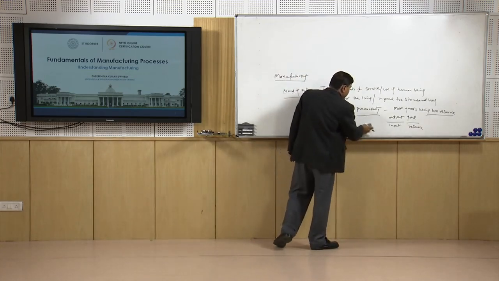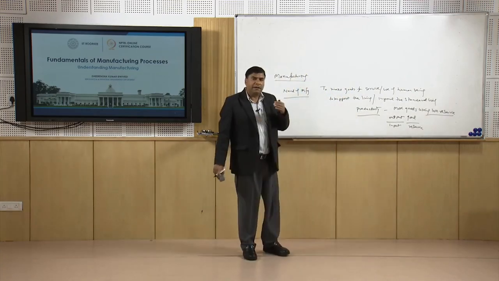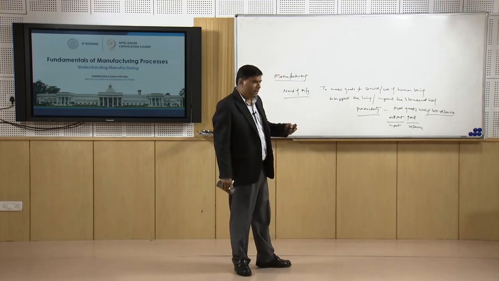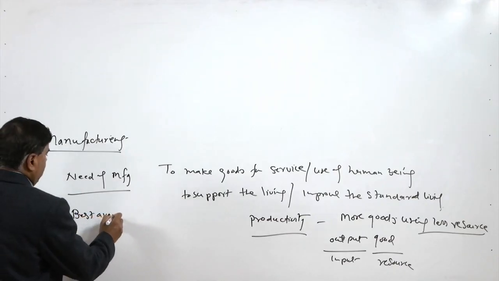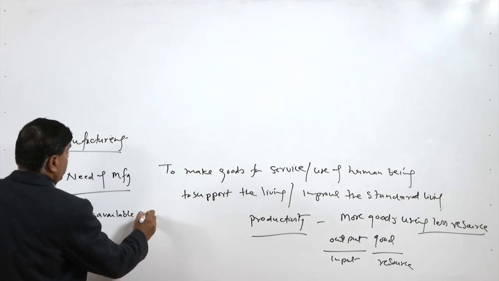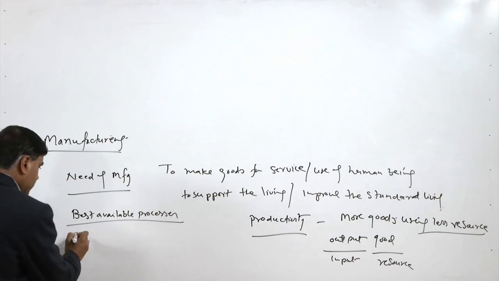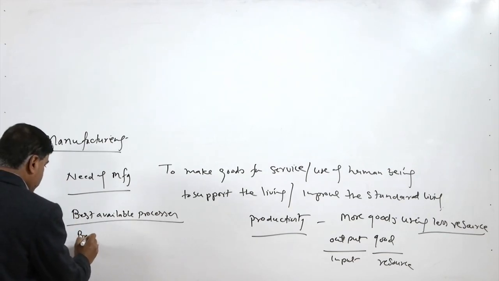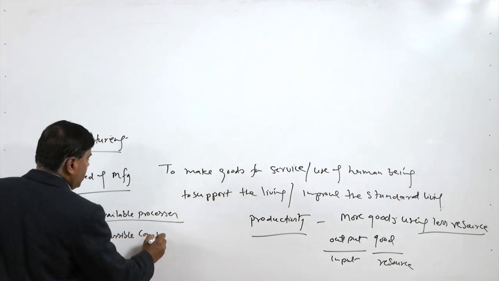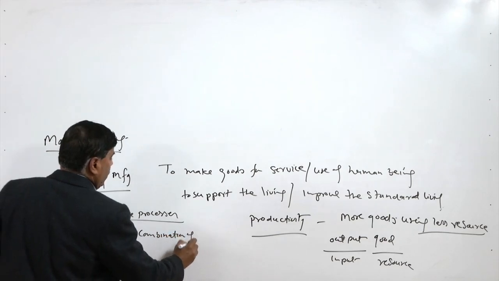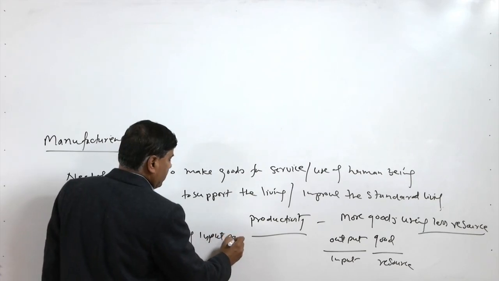For this purpose it is required that whenever the raw material is processed, we use the best available manufacturing processes. One, we use the best possible combination of the input parameters.